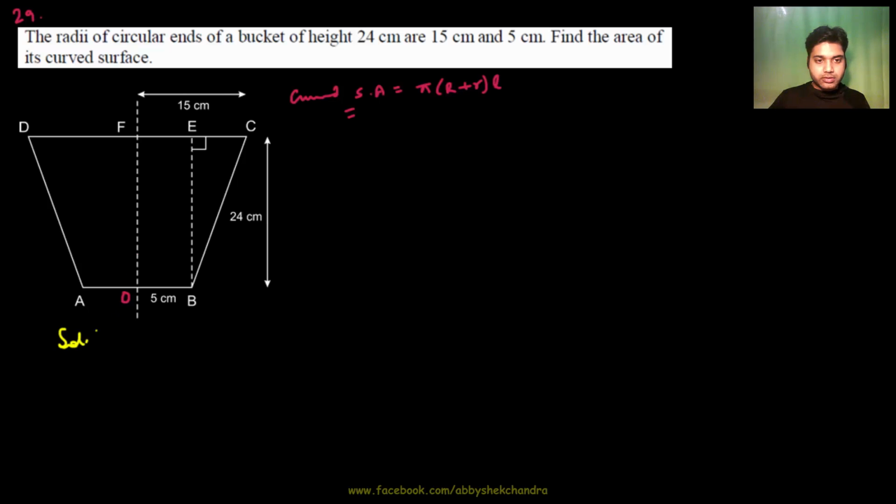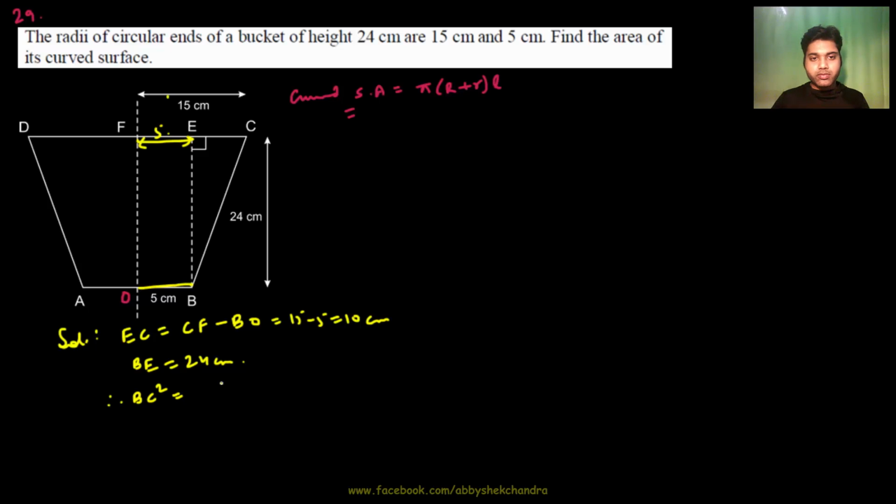So let's start from here. Solution. So what will be EC? EC will be CF minus BO. This is BO, this is 5. So EC will be 15 minus 5, equal to 10 centimeters. What is BE? BE is 24 centimeters. That's given, that's the height of the bucket. So therefore, what will be BC? BC square will be equal to BE square plus EC square, using Pythagoras theorem in triangle BEC.